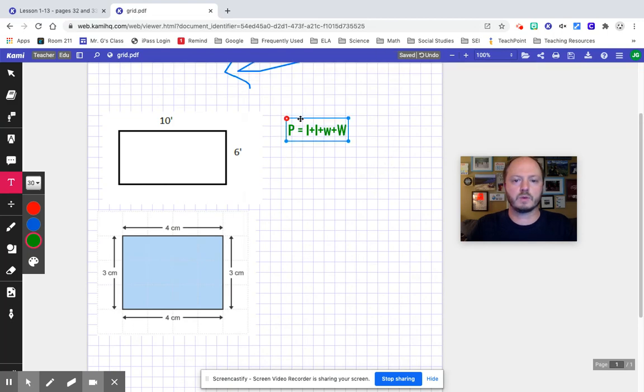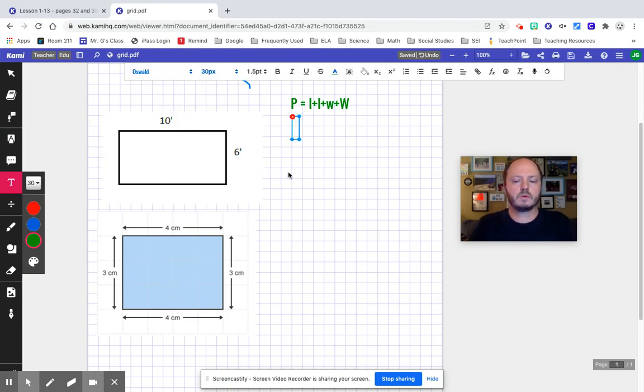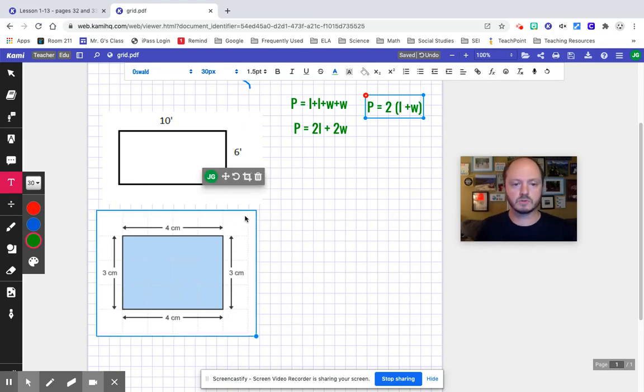Another way we can do is P equals 2L plus 2w. I want a lowercase w. All right. And then the third way, P equals 2 times L plus W. You add those together and then multiply it by 2. So there's lots of choices here.